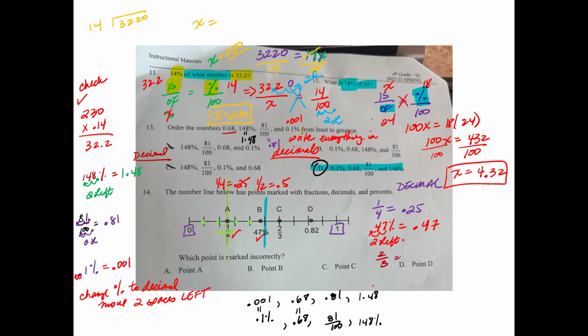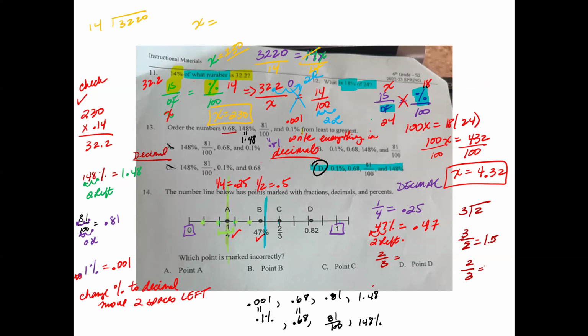2/3 is equal to what? What would 2/3 be? 1.5? No. 2 divided by 3. You're doing 3 over 2. 3 over 2 is 1.5. What is 2 over 3? Divide that, please.